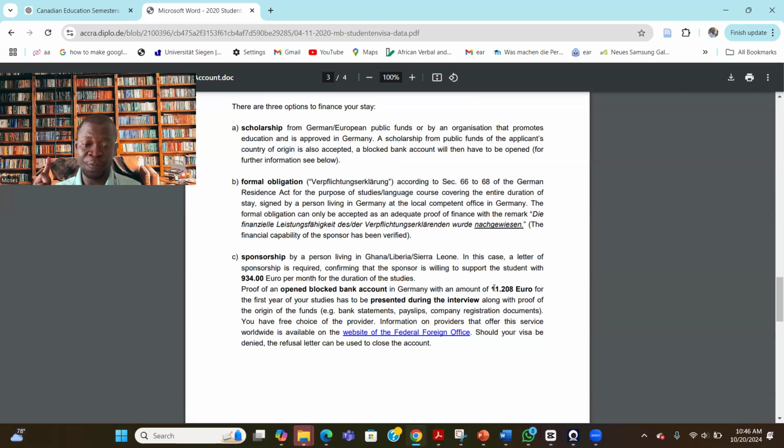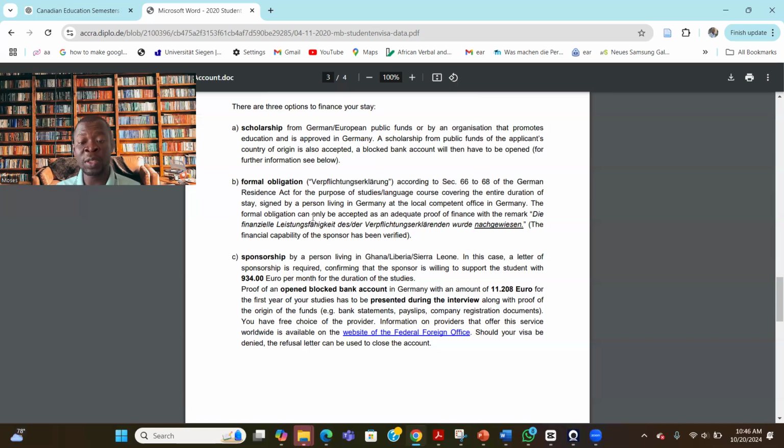Okay. The third one, we call it the formal obligatory letter. According to section 68 of the German Residency Act, for the purpose of studies or language course covering the entire duration of stay, signed by a person living in Germany at the local competent office in Germany.